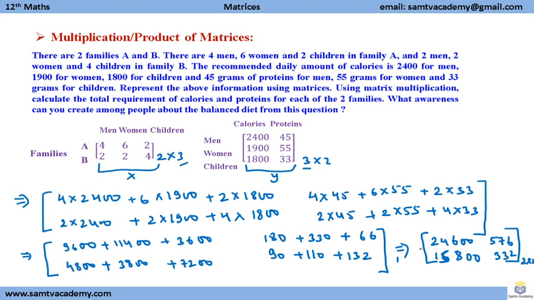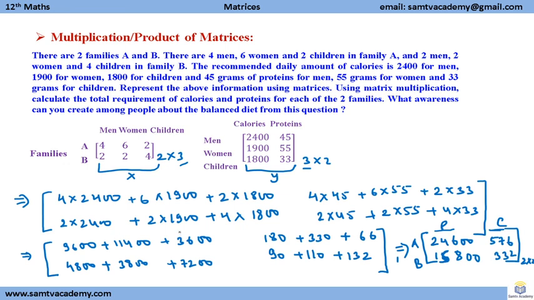This is the calorie requirement for family A, this is the protein requirement for family A, and this is family B, with its calorie requirement and protein requirement.